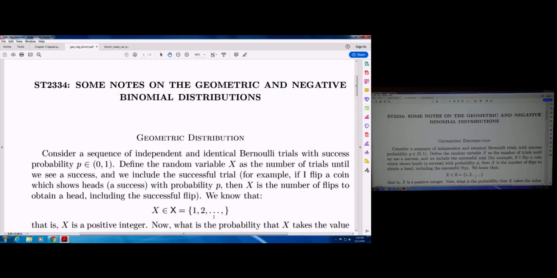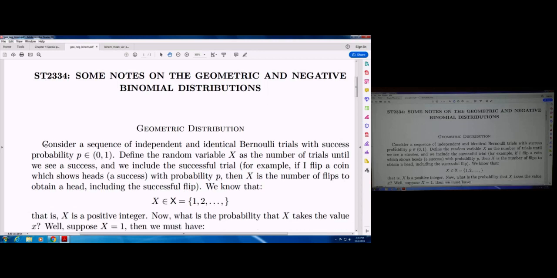The geometric distribution is actually a precursor to the negative binomial distribution. But if you look at your lecture notes, the geometric comes after the negative binomial, which doesn't make any sense to me. We're still in the world where we have a random variable X which is discrete, and independent and identically distributed Bernoulli trials. So this is the first sentence.